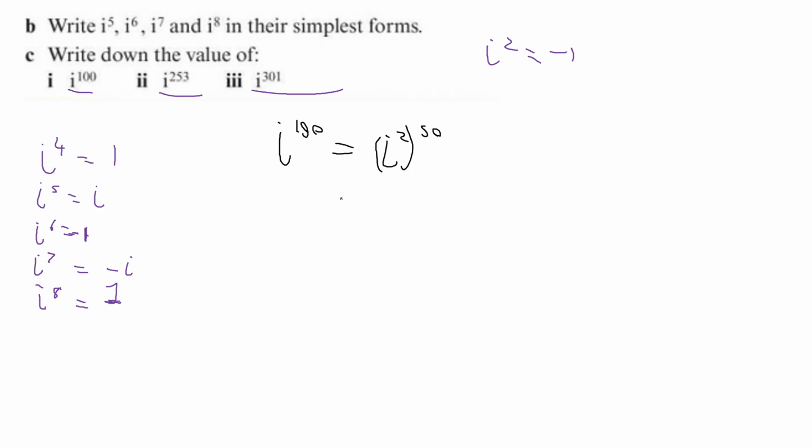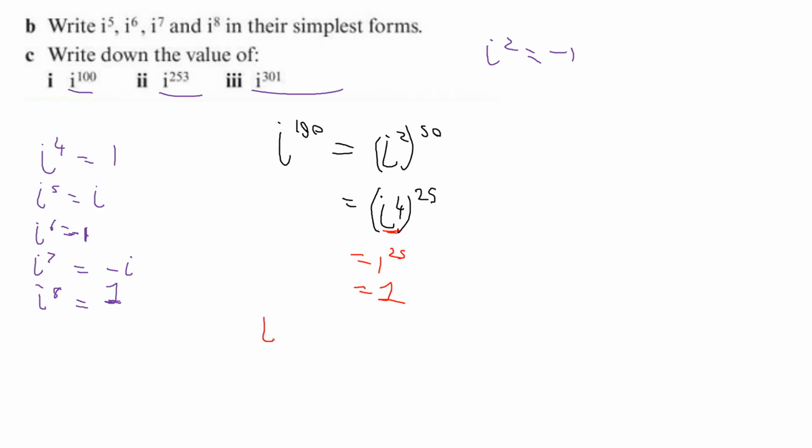We can if we want, but we can do better. So what we can do is say that this is also the same as i to the 4, all to the power of 25. And as we know i to the 4 is equal to 1, 1 to the power of 25 is just going to be 1.